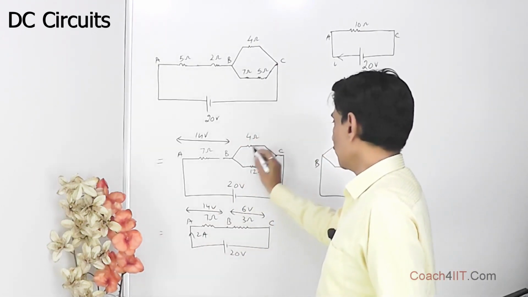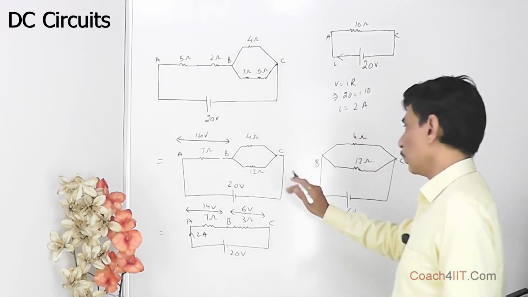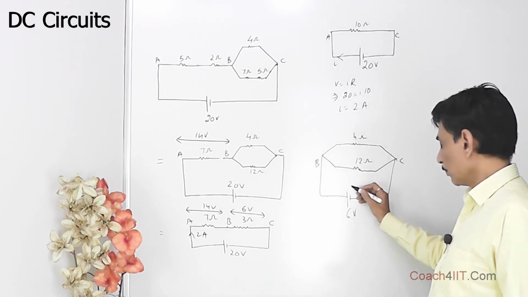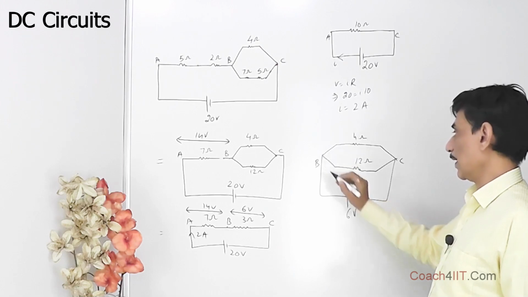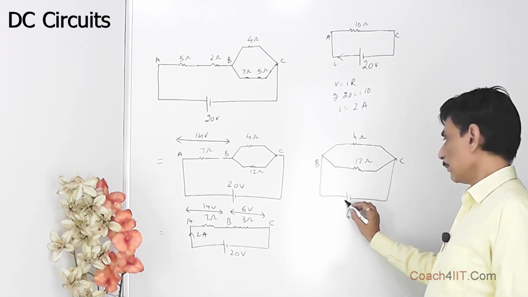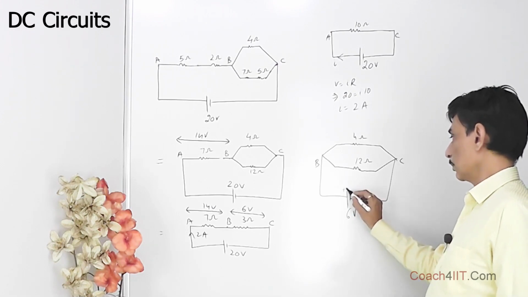The current is flowing in this direction, so this is at a higher potential and this is at a lower potential. So the terminal polarity will be something like this: this is going to be positive, this is going to be negative.